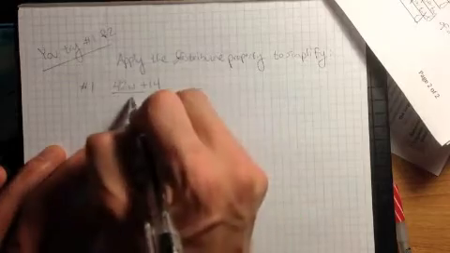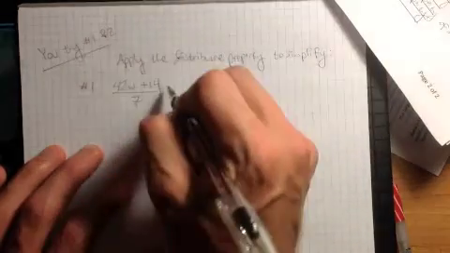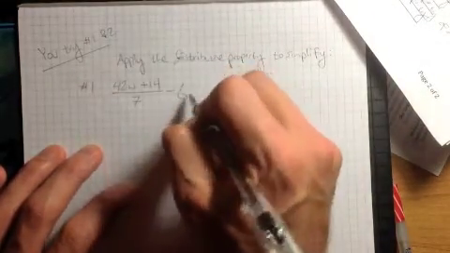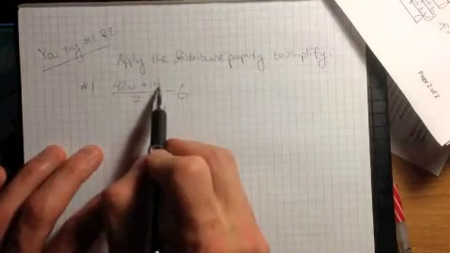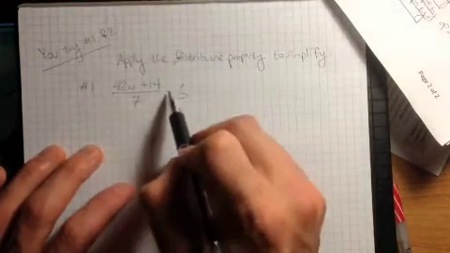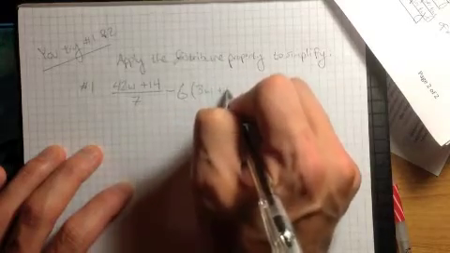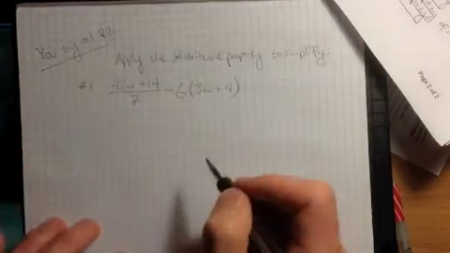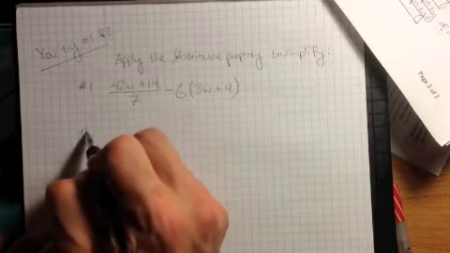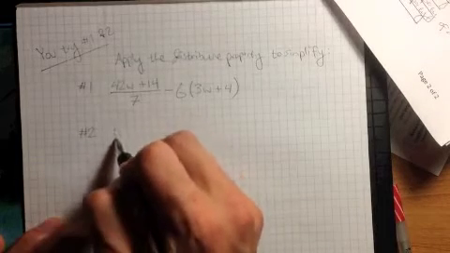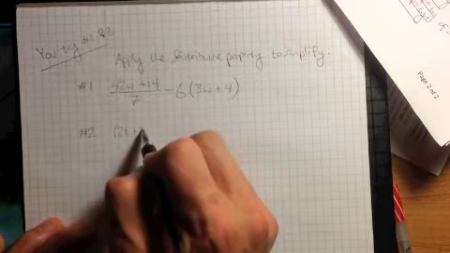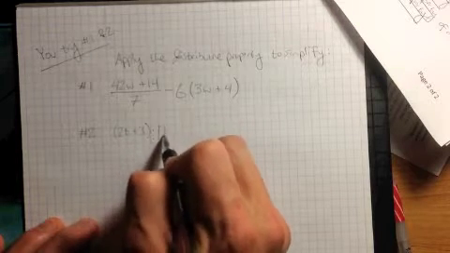The focus gets blurrier as time goes on, as I'm recording. So 42w plus 14, all divided by 7, minus 6 times 3w plus 4. That's number 1. Simplify that guy for me. And then number 2 is 2t plus 3 times 11.